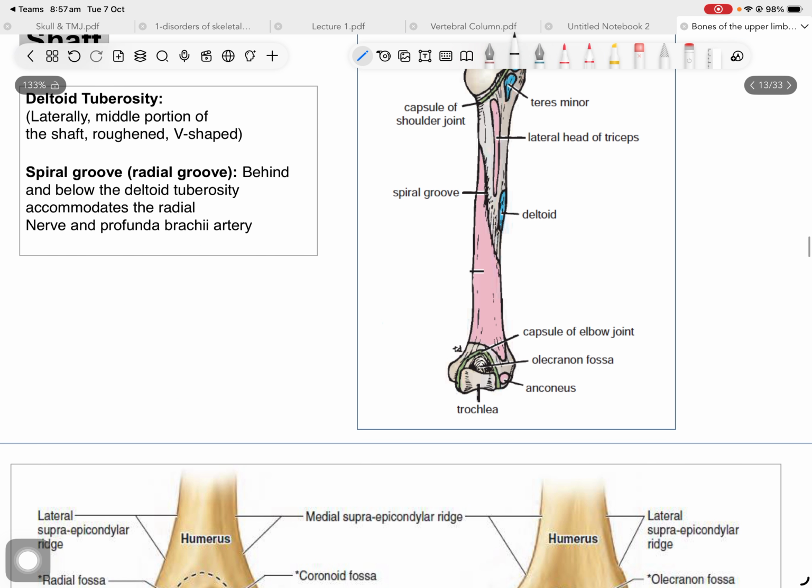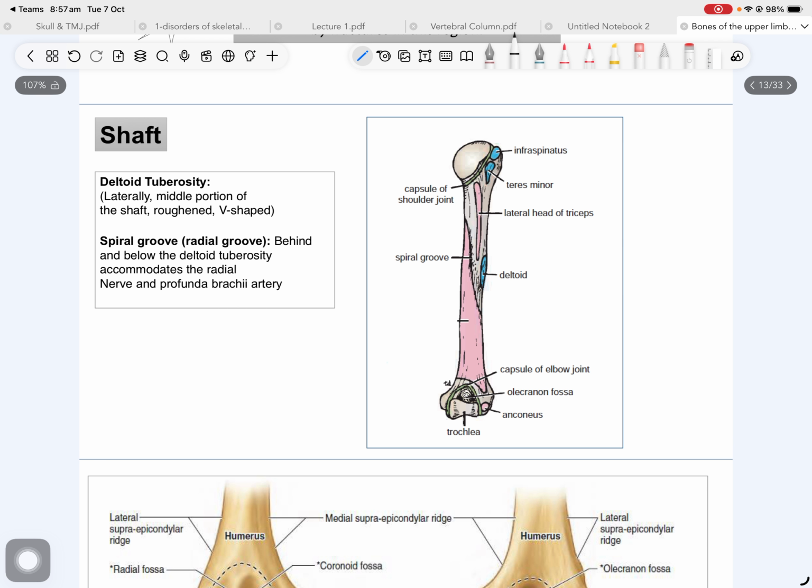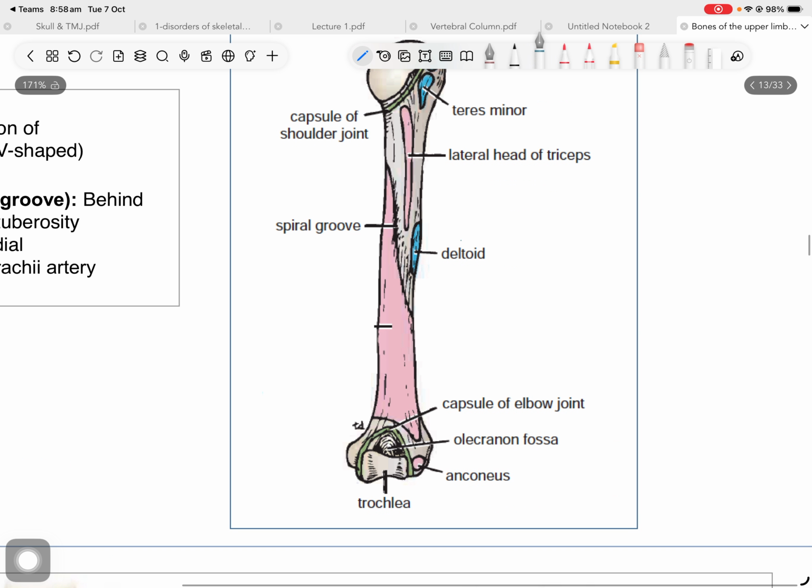Next, we move to the shaft of the humerus. What should I know about the shaft? Two things, okay? On the lateral side of the shaft here, I find a roughened area which is V-shaped. We call it the deltoid tuberosity because it is the site of attachment of the deltoid muscle.